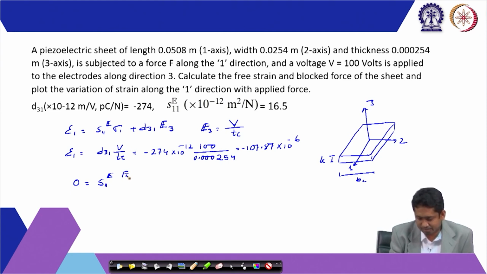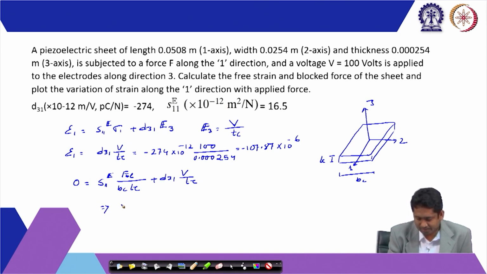So, we call it FBL divided by this area. So, it is BC by TC, and then we have plus D31 V by TC.